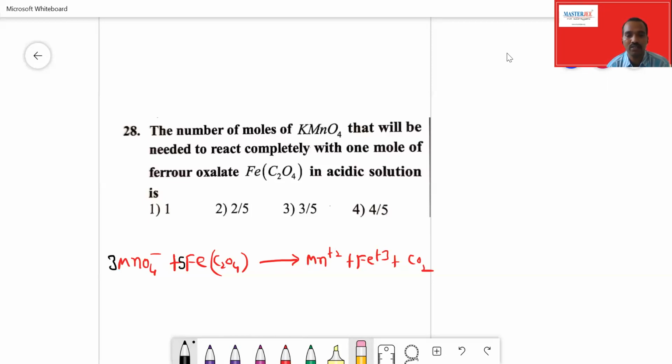If you balance this equation, it becomes 3 and 5 moles, and this is 5 moles.